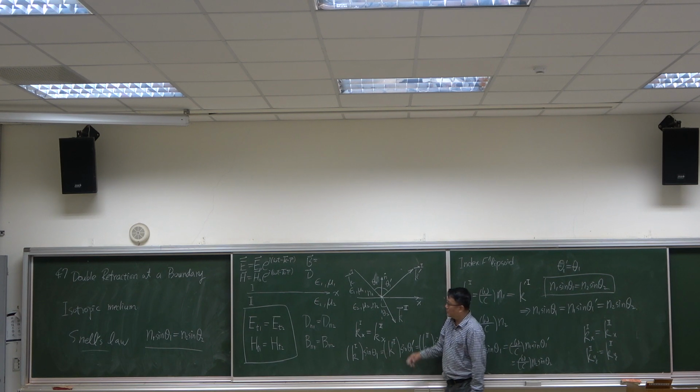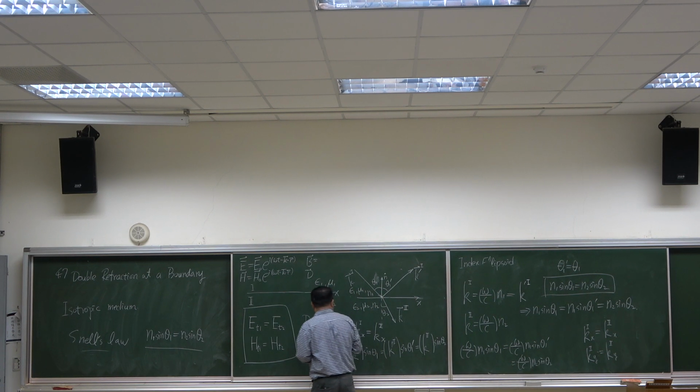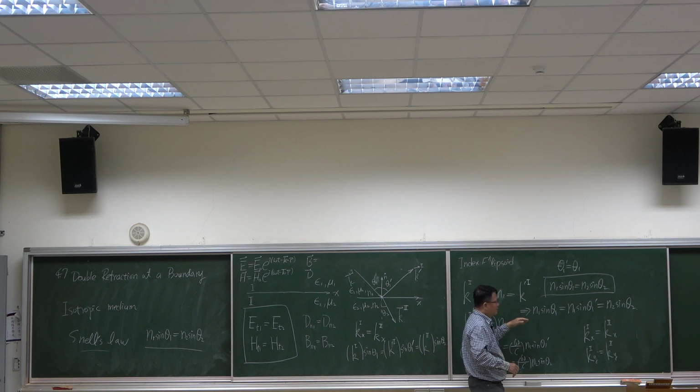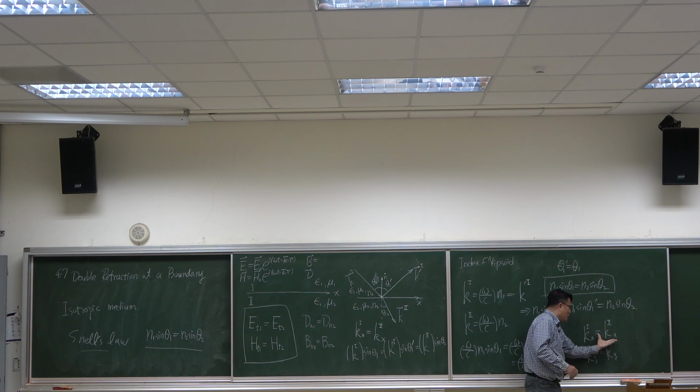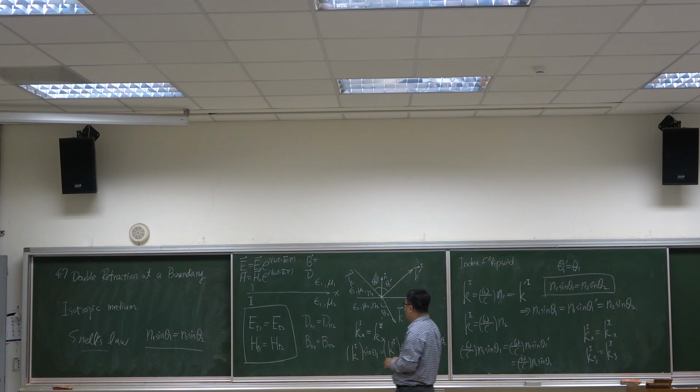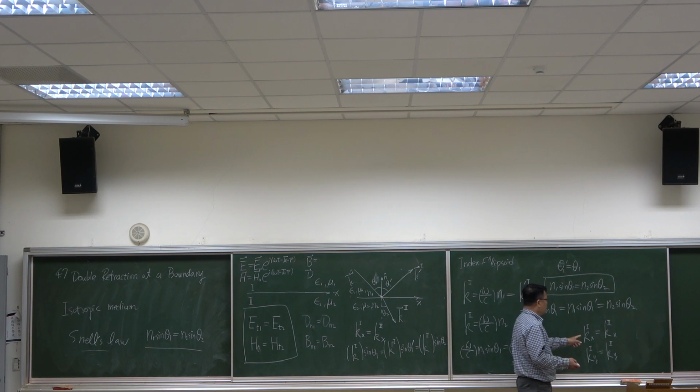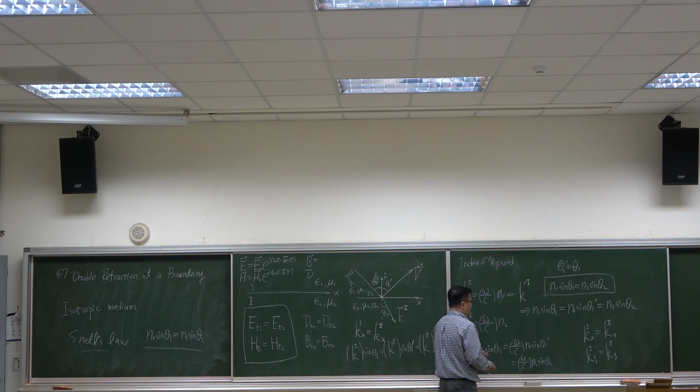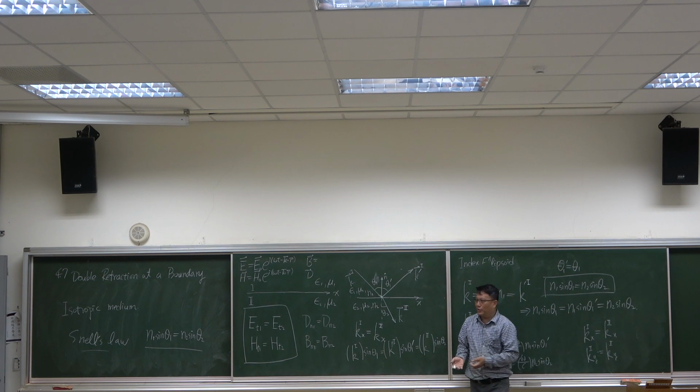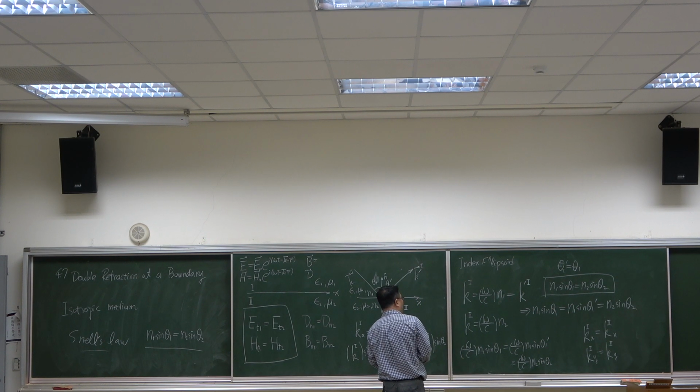Okay, the sameness condition of the phase gives us the equality between the tangential component of the K vector. The tangential component of the K vector in medium 1 is equal to the tangential component of K vector in medium 2. And we can translate this language into the expression of so-called Snell's law.